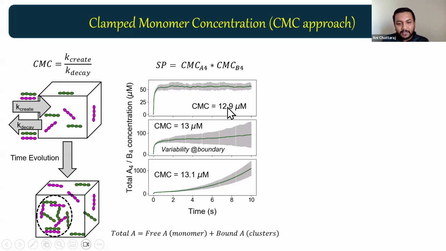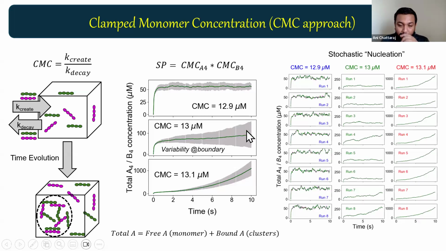When the CMC is 12.9, this total concentration reaches a maximal level and it stays there. But once it crosses this 13 micromolar range, the total concentration monotonically increases. Okay. And again, this tells you that there is some kind of phase transition going on.